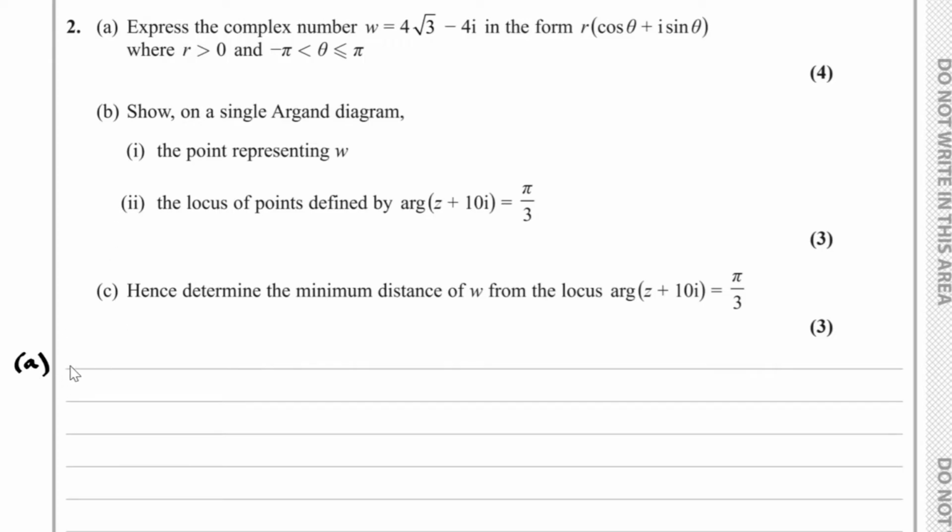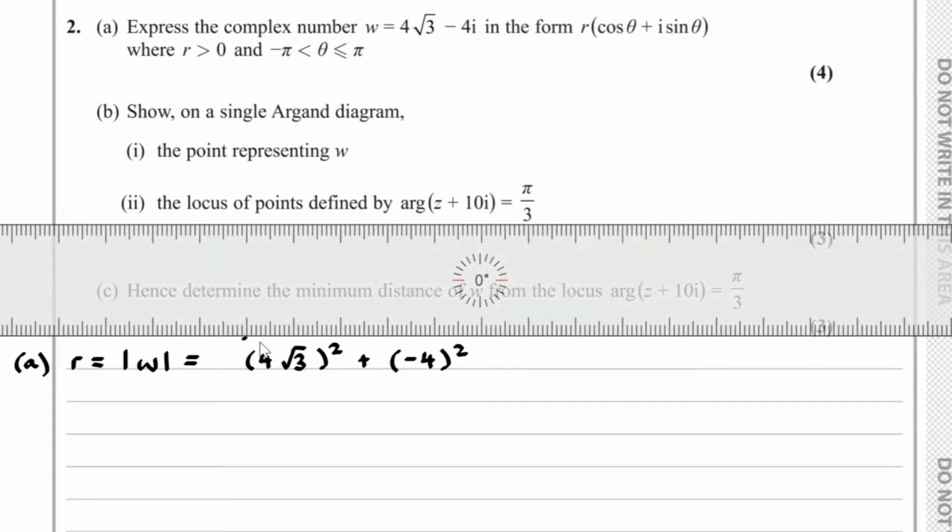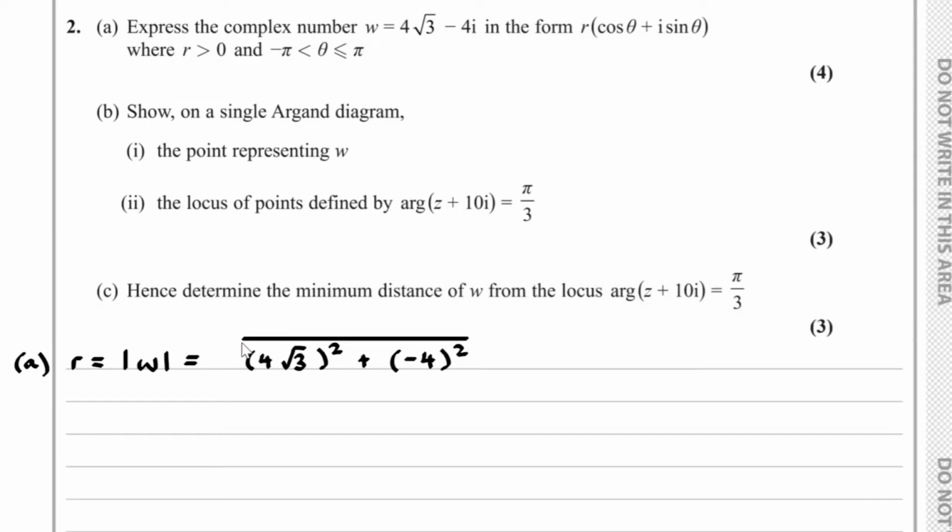So, for part A, we first of all need to find out what r is, and r is equal to the modulus of w. To work out the modulus of w, we have 4 times the square root of 3, squared, plus minus 4 squared, all square rooted.